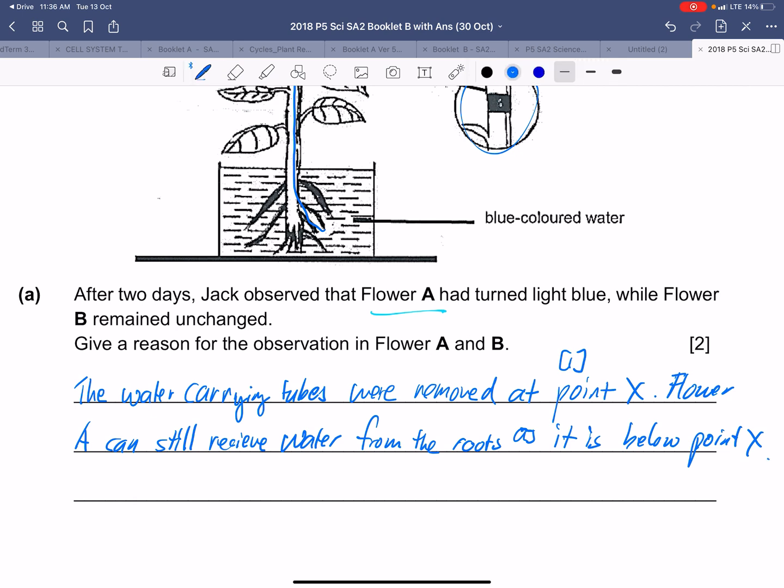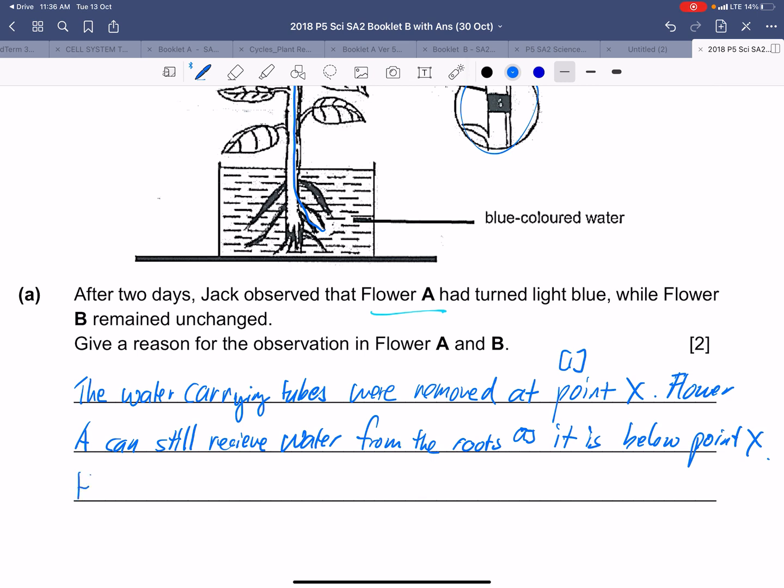So anything below it, the water carrying tube is still intact. Or you should tell me that flower A can still receive water because the water carrying tubes are still intact. Somewhere along those lines.